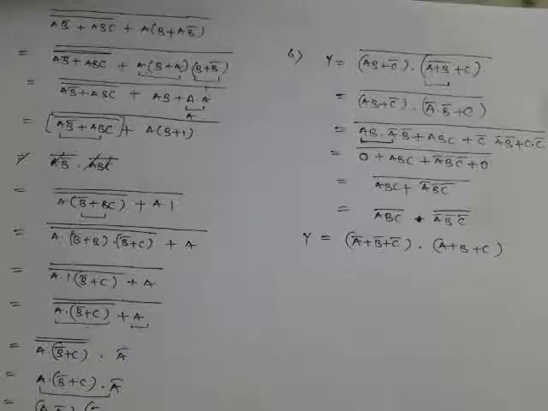All these things will become familiar when you simplify a number of expressions. And this is how we simplify Boolean expressions to make the circuit less expensive, or to make the circuit economical to realize any given Boolean expression. And thank you.